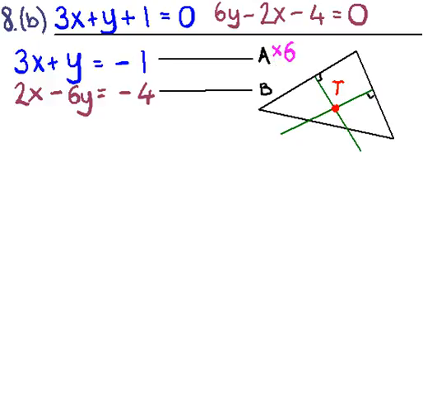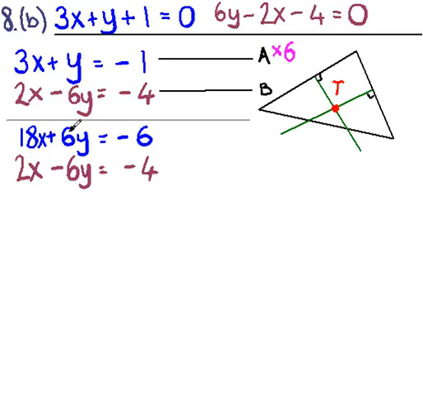So multiplying through, that gives us 6 times 3x is 18x, 6 times y is 6y, and 6 times minus 1 is minus 6. The second equation stays as it is, making sure we don't forget to put the x in here.